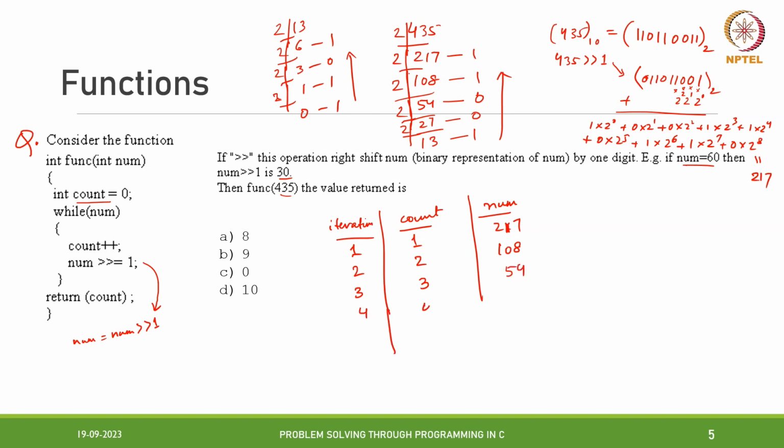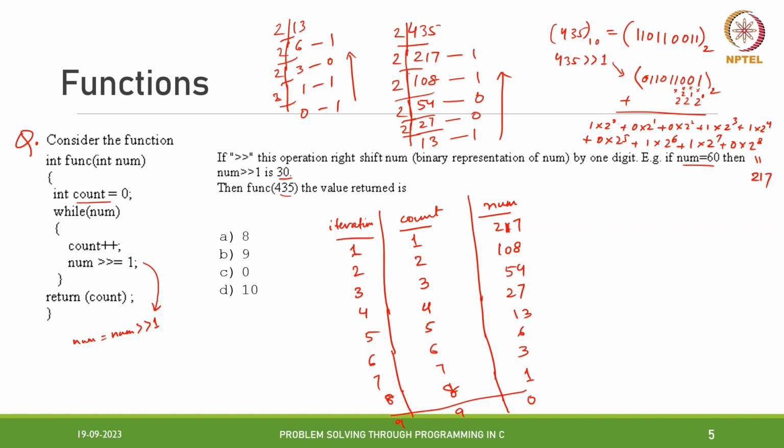Iteration 4, count will become 4, this will become 27. 5, this will become 13. 6, this will become 6. 7, this will become 3. 8, count will become 8 and num will be 1. 9, count will become 9 and num will become 0 finally, right?